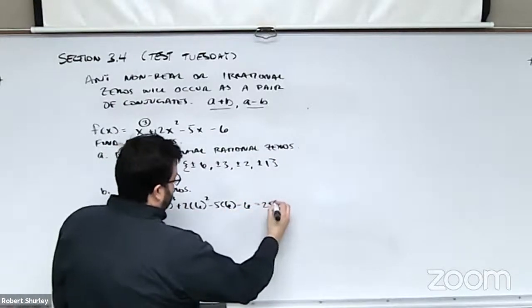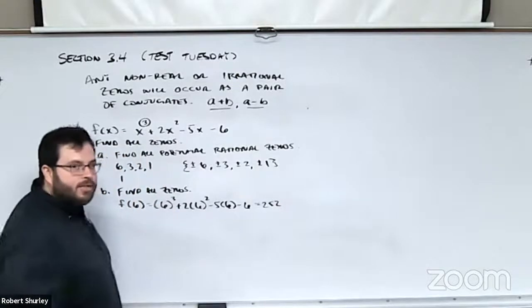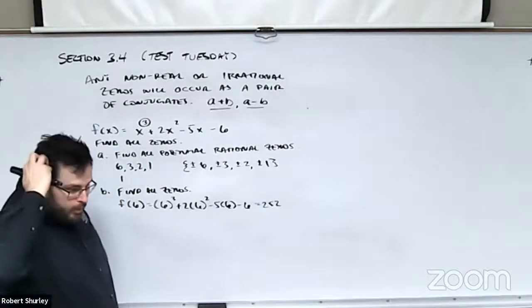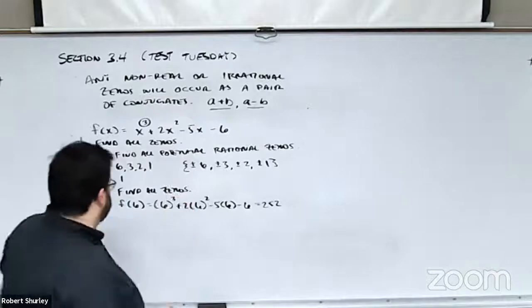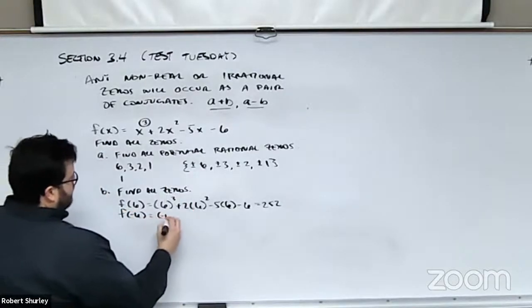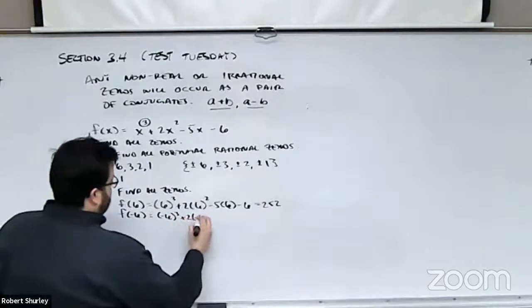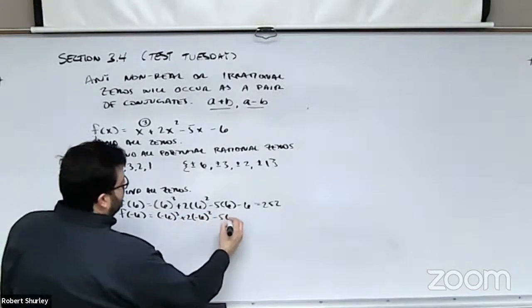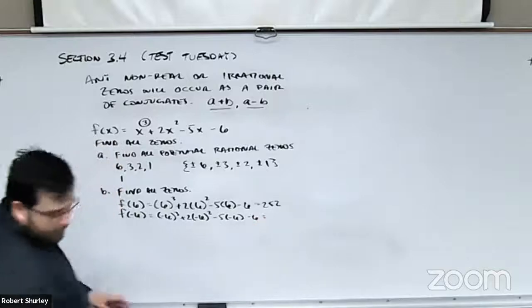So I'm going to strike that one down. But you know what? I know that's not a 0. That's progress, right? I know what isn't a 0 now, 6. Okay, let's plug in negative 6. I'm going to do the same thing, negative 6 cubed plus 2 times negative 6. If you know some quicker way to do this, then do it. That's fine.